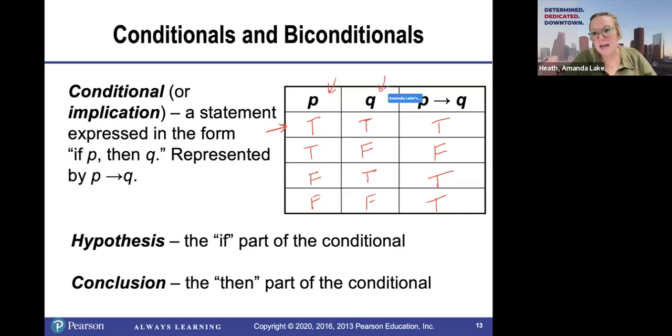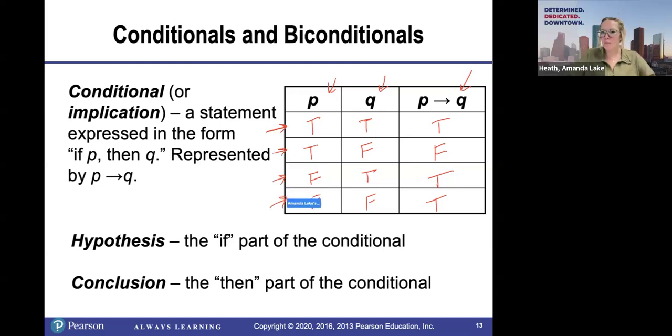So if I make an A and he gives me $10, then the implication is true. He was telling the truth. But if I make an A and he doesn't give me $10 in the second line, then he was lying. That implication statement was false.